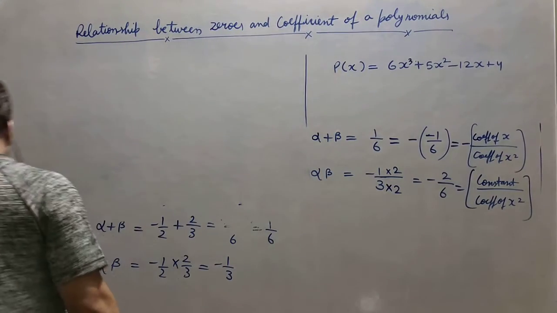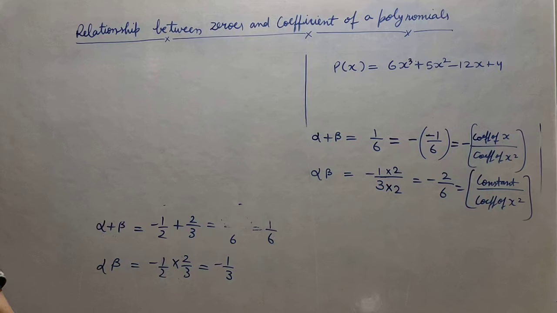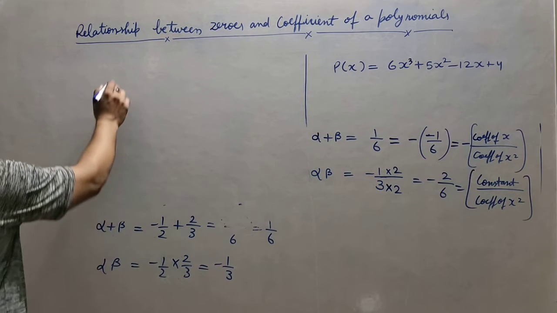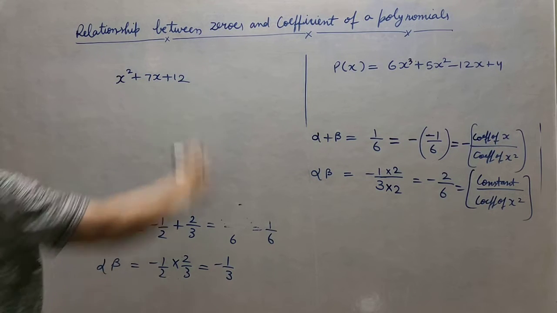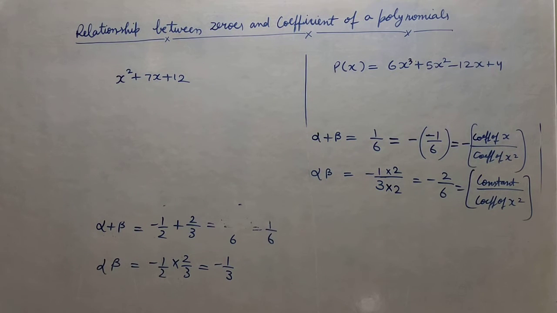Okay, suppose I am having, for example, this one, x square plus 7x plus 12. The question is, verify the relationship between the zeros and its coefficients, right? So what you will do?